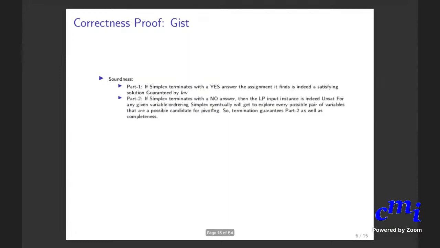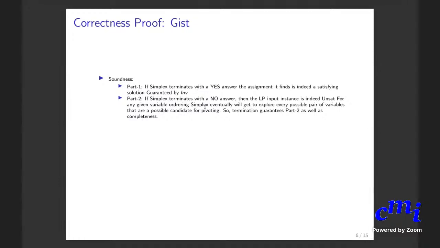Okay, soundness, as I said, of any decision procedure is concerned with when the procedure terminates, whatever answer it gives: if it says yes, then the satisfying solution it gives indeed satisfies all the inequalities in the problem.